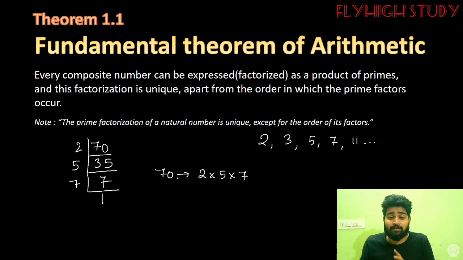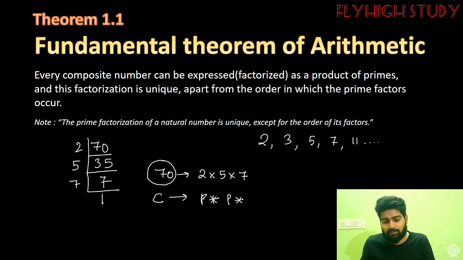So what does the fundamental theorem of arithmetic say? A composite number can be expressed as a product of prime numbers: a prime number into another prime number into another prime number. P, I am writing for prime numbers: prime number 1, prime number 2, prime number 3, and it continues. Yes, you can express a composite number as the product of prime numbers.